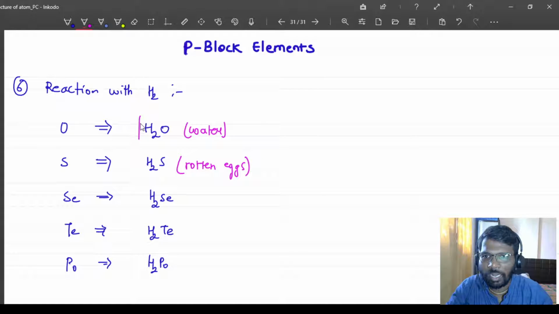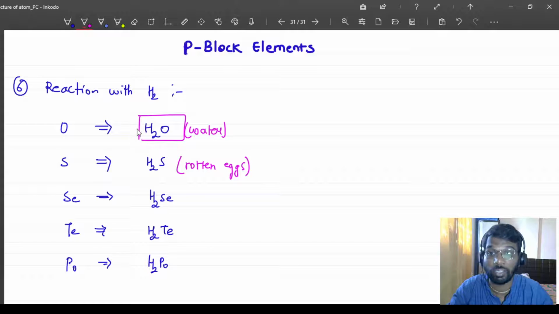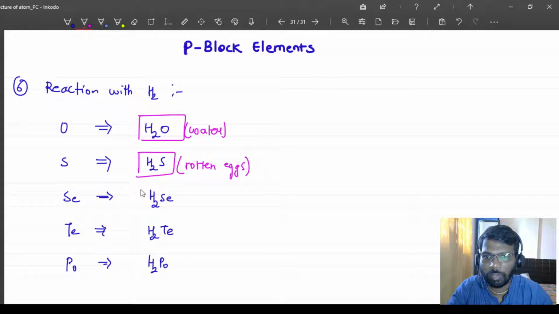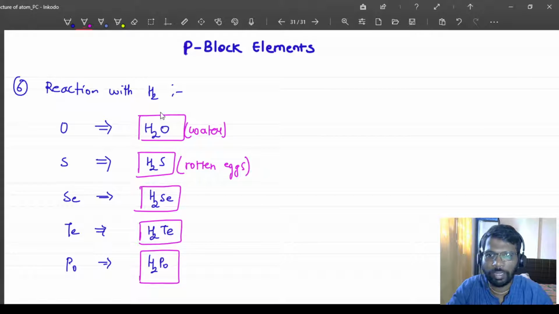So these are the hydrides. First hydride, the reaction of oxygen with H2, will give you H2O, then sulfur will give you a hydride. So these are the hydrides, or the products, when the elements of group 16, that is oxygen, sulfur, selenium, tellurium and polonium, are reacted with hydrogen.